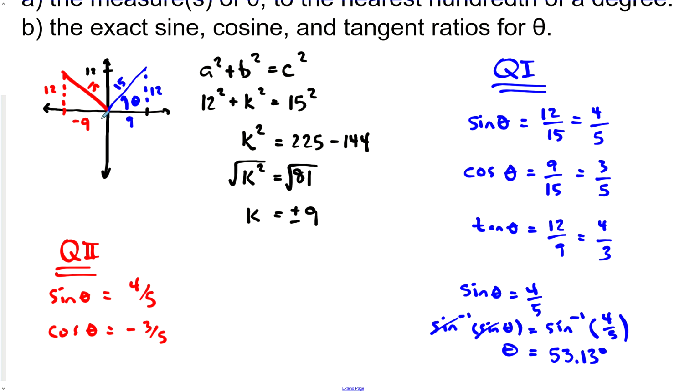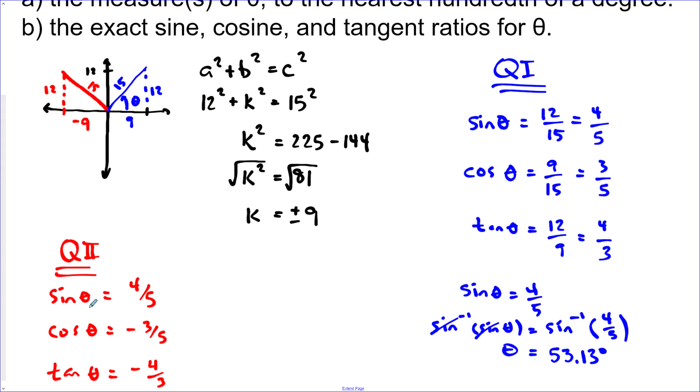We could also get that from the diagram here. Adjacent is negative 9 over hypotenuse is 15, and that simplifies to negative 3 over 5. Tan is negative here, and we can see that because it's opposite over adjacent, and adjacent is negative. So it's negative 4 over 3.